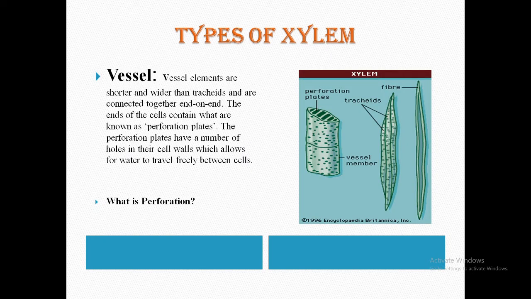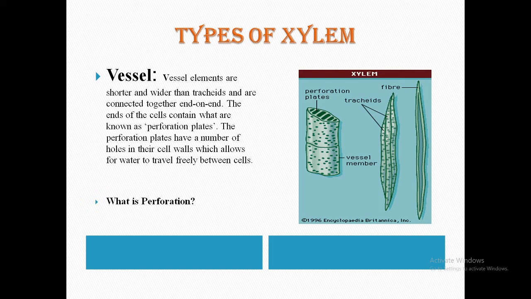The next type is the vessels. Vessels are also known as trachea, not tracheids. It is built of many vessel members, joined one to the other by their end walls.